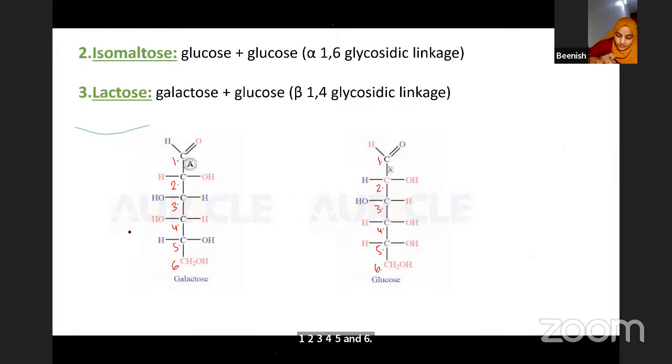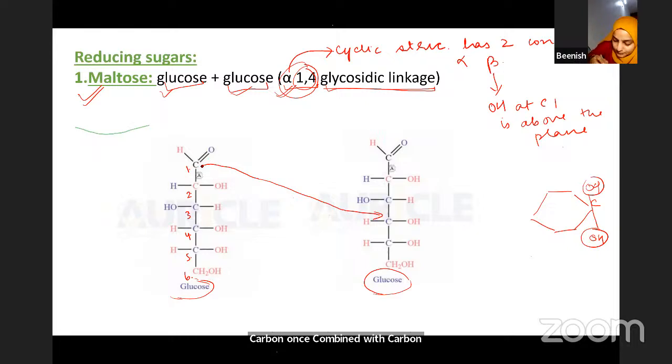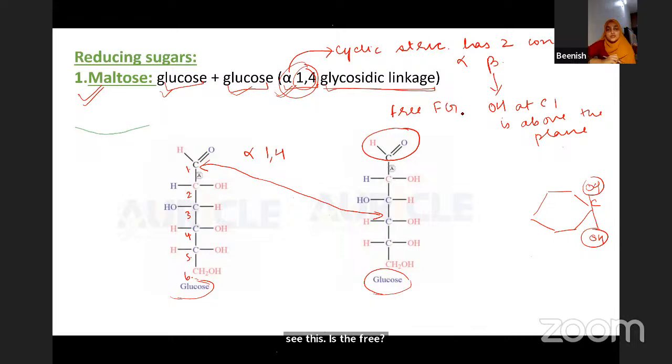So now carbon 1 combines with carbon 4 here. So this is alpha 1,4 linkage. And here you can see this is the free functional group. That is why we say maltose is a reducing sugar, because there is a glycosidic bond between the two glucoses via alpha 1,4 linkage.